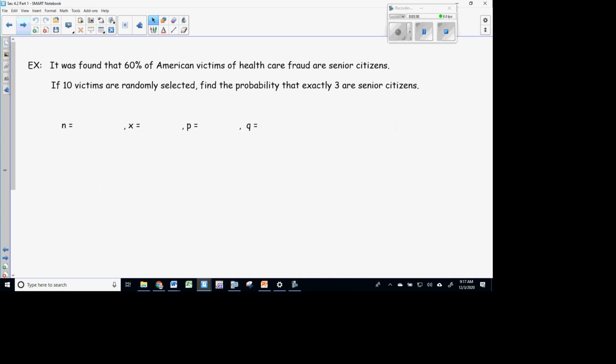So let's try this one. Do we think we can do the formula from yesterday? Let's try it here. So try this one. Write down your n, x, p, and q.